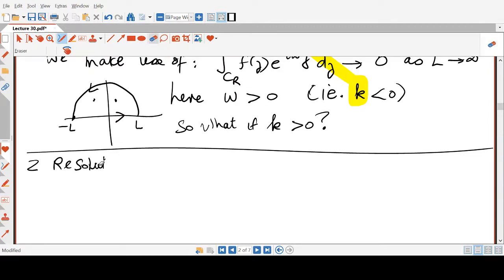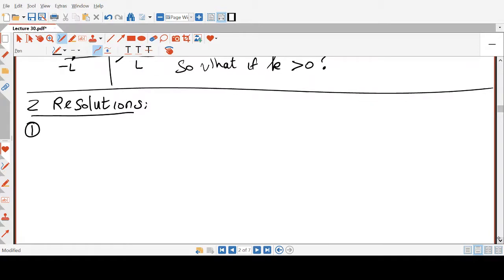There are 2 ways to resolve this problem. One method, which we will not be using, but I'll tell you anyway. I hinted at this before. If you have a semicircle contour like that, we know it's in the upper half plane, it covers all those points there.